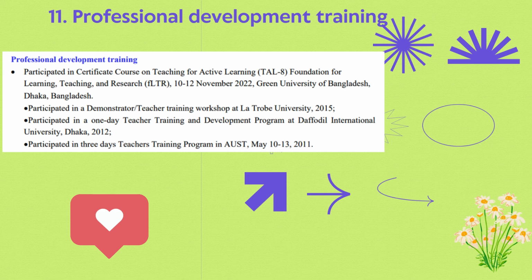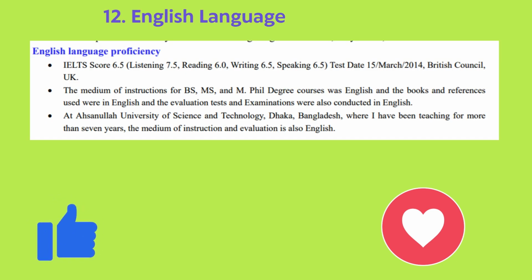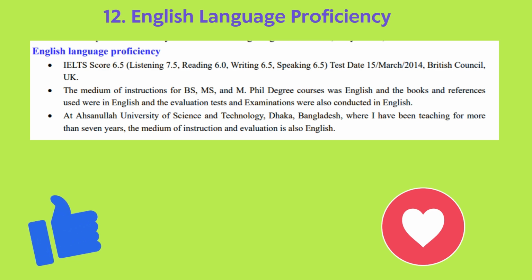And I have also listed some professional training. You can also do the same. Then comes English language proficiency. It is also important for many countries. You can include your English language proficiency here. For example, I have mentioned here IELTS score 6.5 and so on.